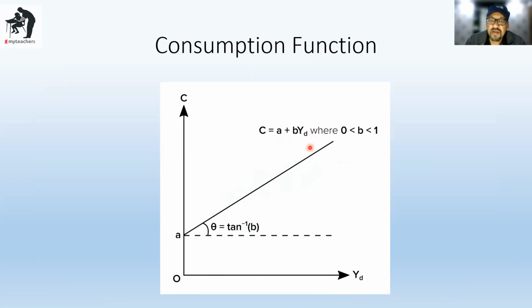Autonomous consumption plus induced consumption. So this is the upward sloping consumption line, which is showing that there is a direct relationship between income and consumption. Income is taken on the x-axis and consumption on this y-axis, this C. So this is showing the positive relationship of income and consumption in the economy.